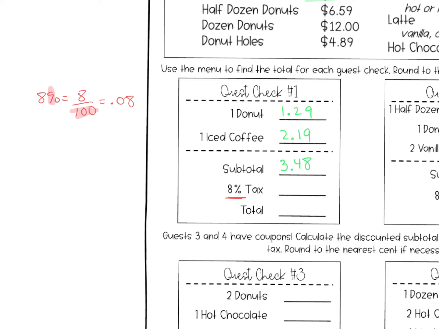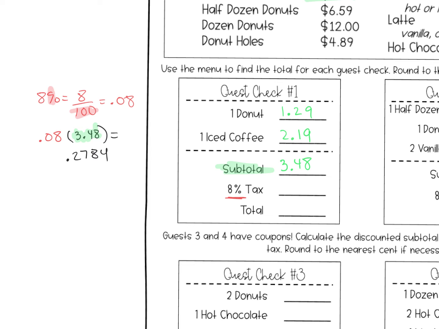Remember, it's always out of 100 because percent means out of 100. Well, now that I have my percent written as a decimal, I can go ahead and multiply my percent by my total cost, which is $3.48. See that right here? Comes from right here, my subtotal. All right, now when I do $3.48 and I multiply that by the tax, I get an answer that looks like this, 0.278.